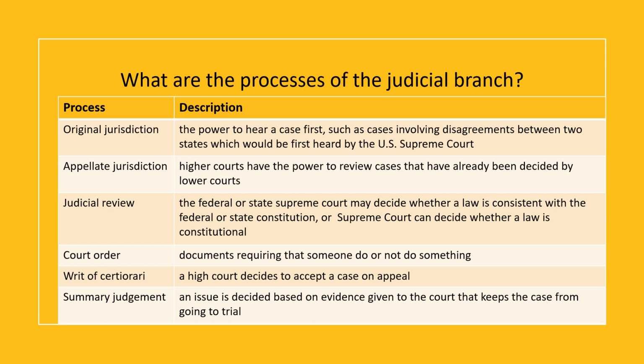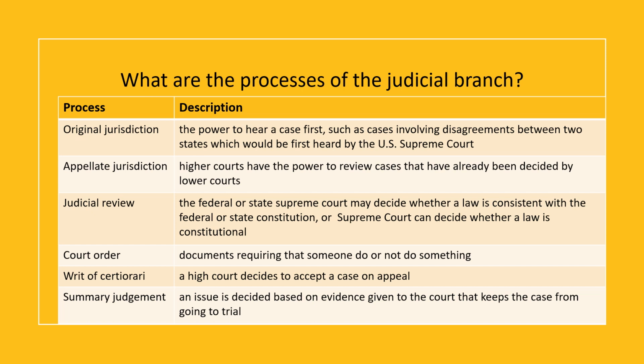This means that the person who lost a case believes that the law was not interpreted properly, that there was a problem with the process that the person might have gone through, such as a criminal procedure, and therefore the person who lost the case might believe that they were improperly prosecuted, so they might appeal the case. Higher courts have the power to review cases that have already been decided by lower courts, and that is what we call appellate jurisdiction.